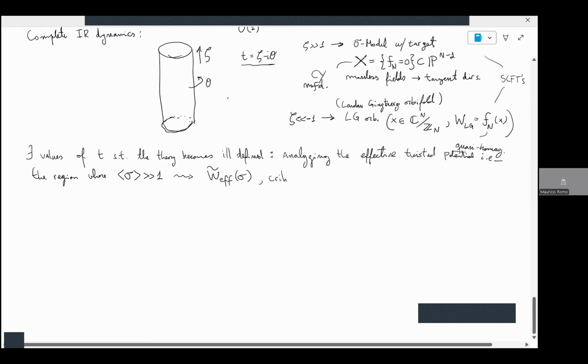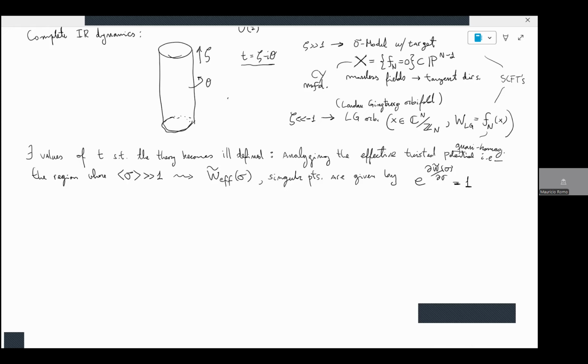Sorry, I shouldn't call them critical, I should call them singular points. The potential is logarithmic, so the correct way to write the equation is like this. So critical points of the effective twisted potential give you the singular points.